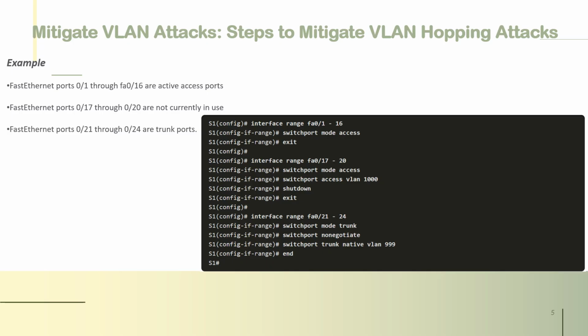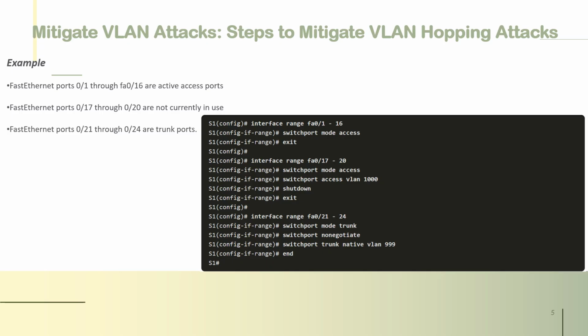So we exit from these interfaces, and now we have to go to the trunk ports, which means that we go to the interface range FastEthernet 0/21 through 24, and in this range of interfaces, we are turning them into trunk ports, but we will disable the Dynamic Trunking Protocol auto-trunking negotiation by using the switchport nonegotiate.